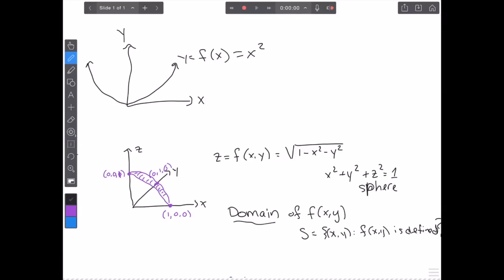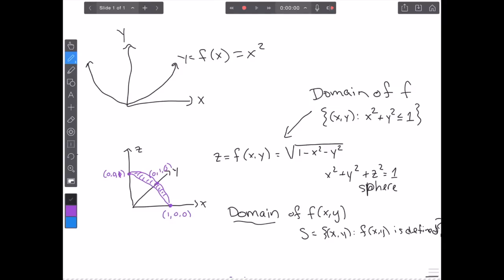And if we wanted to define the domain of this function f, you can see that it would be the set of points x and y such that x squared plus y squared is less than or equal to 1.